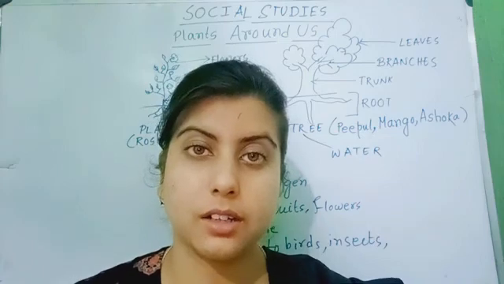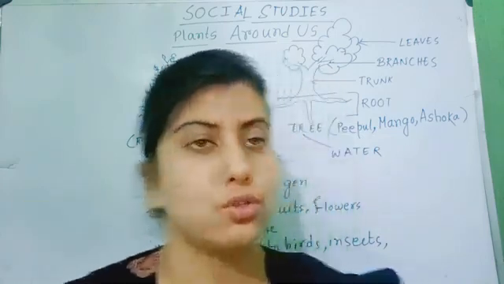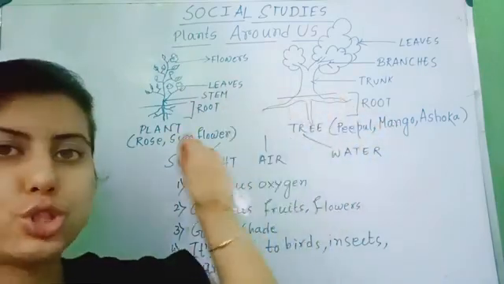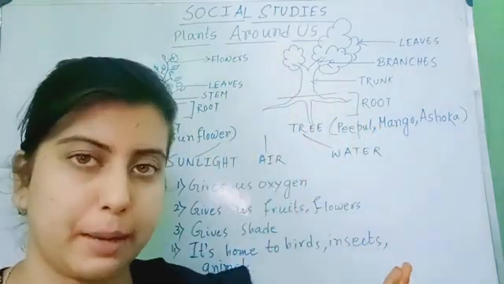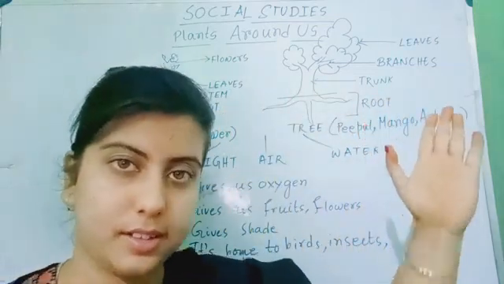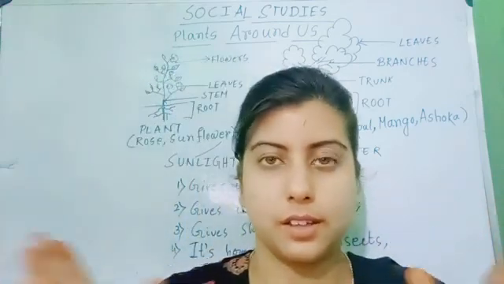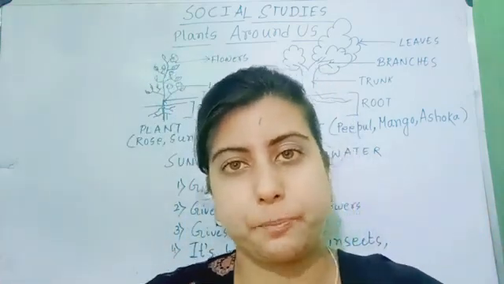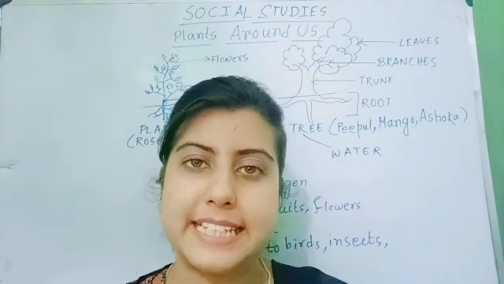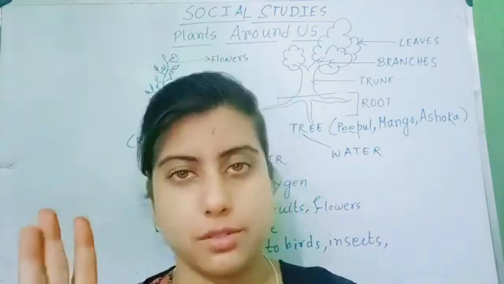Trees are taller and stronger than plants. So these are the two types that we were talking about. This is plant, this is tree. I hope you have understood the difference. Now children, trees need three important things to survive.